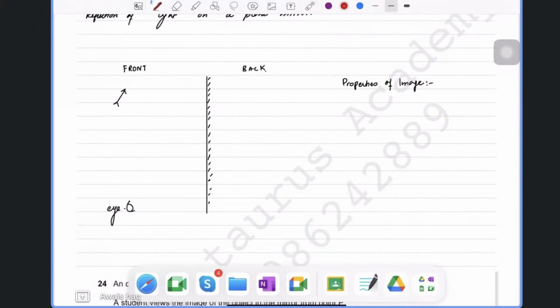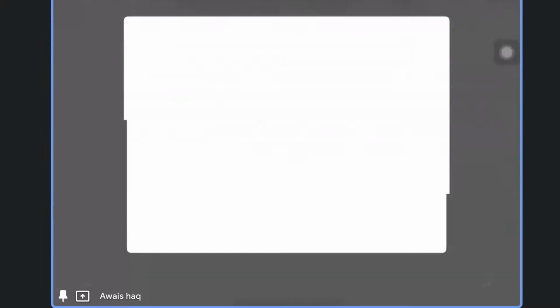Let me see if I can take a screenshot from the other app.